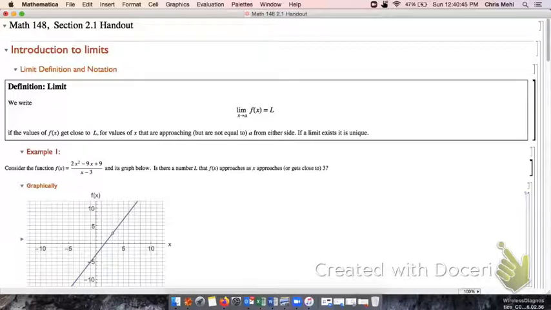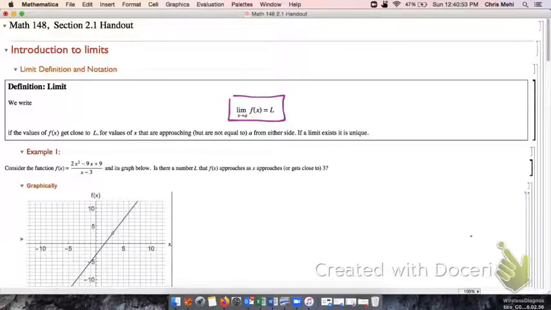Okay, so now the definition of a limit is, I'll have you focus on this part down here. This is the notation that we're going to use, and the way that this is read is this is the limit of the function f of x as x approaches a.